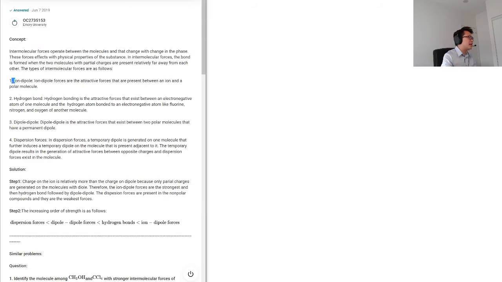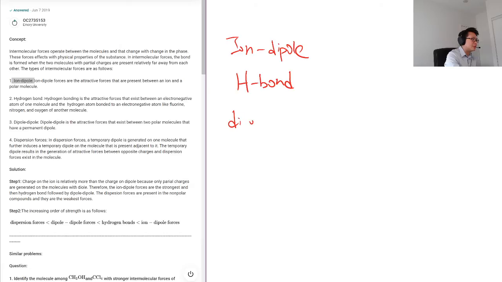We have ion-dipole interaction, and then hydrogen bonding, I will just say H bond, and then dipole-dipole interaction, and then dispersion force. We are going to arrange according to their strength.